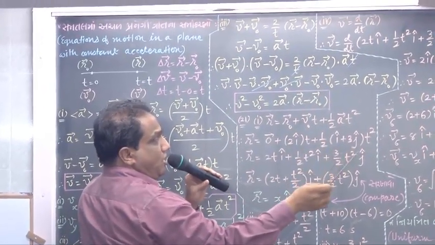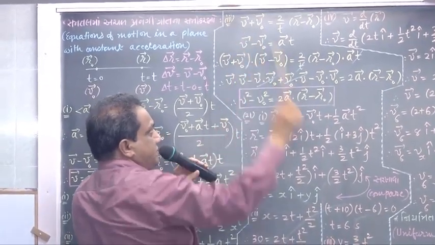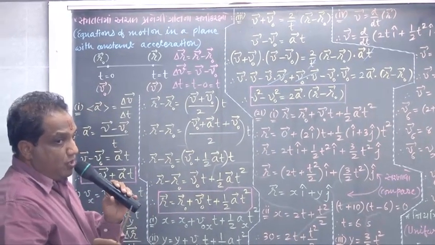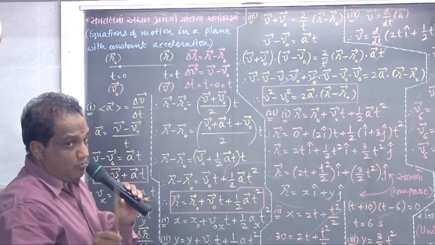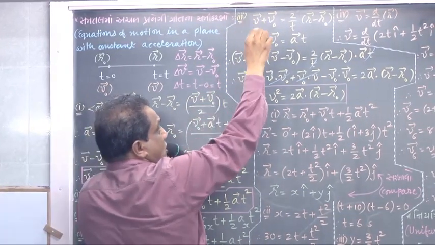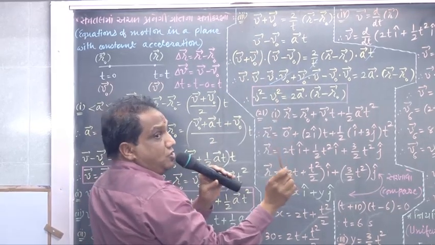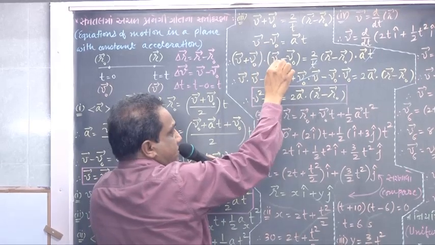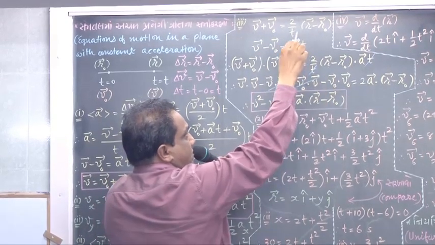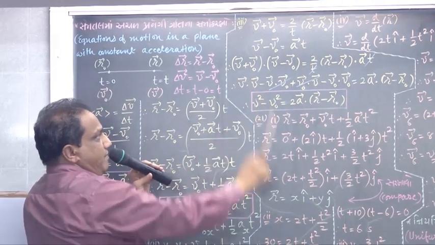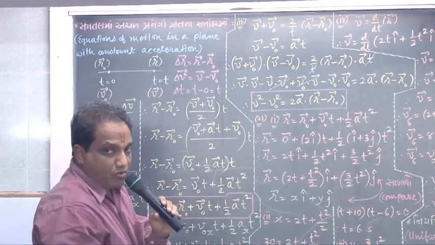Take now the dot product between these two equations. Dot product of two equations means the dot product of the left hand sides is equal to the dot product of the right hand sides. This dot this is equal to this dot this. Don't say into, say dot. Now apply the distributive law.